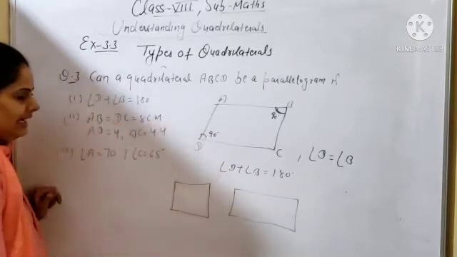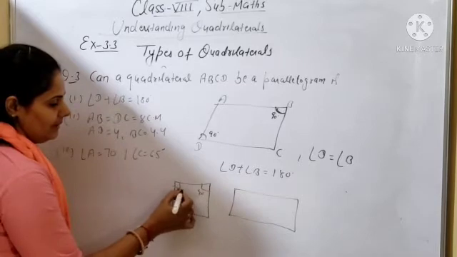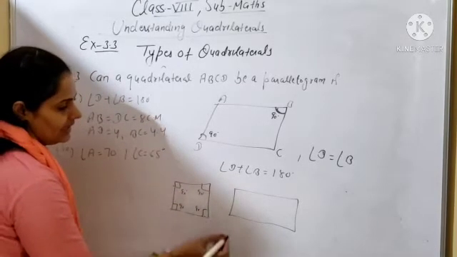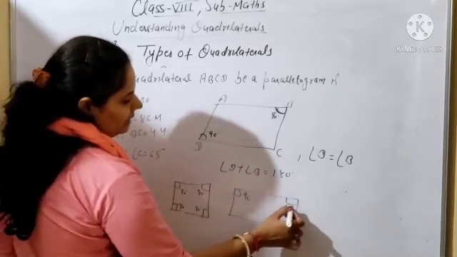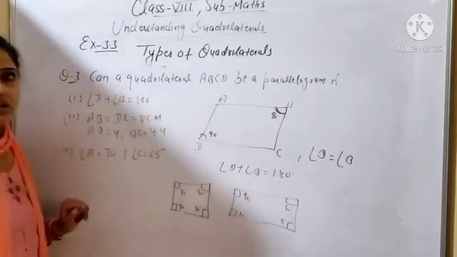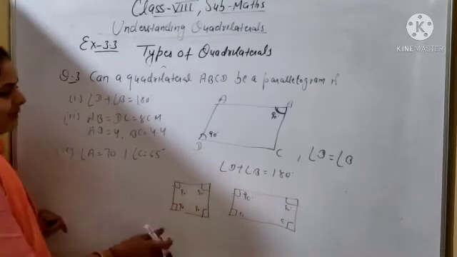Clear? So square and rectangle, because all the angles of a square will be equal to 90 degrees, beta. All the angles of a square will be 90 degrees, and a rectangle also. So 90, 90, 90 and 90. Clear? So opposite angles are equal in a square and rectangle because all the angles will be 90 degrees.